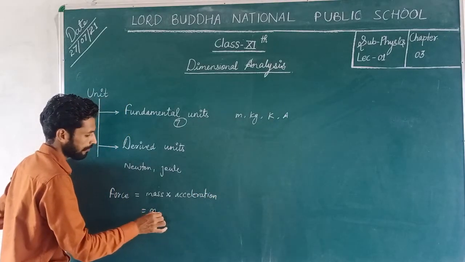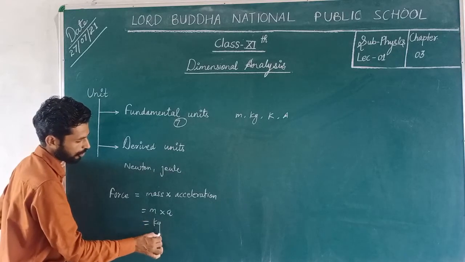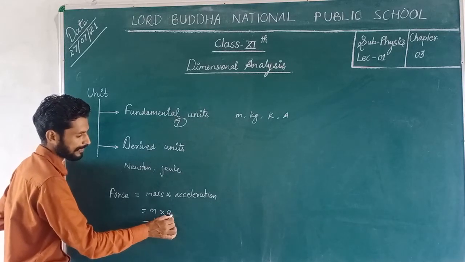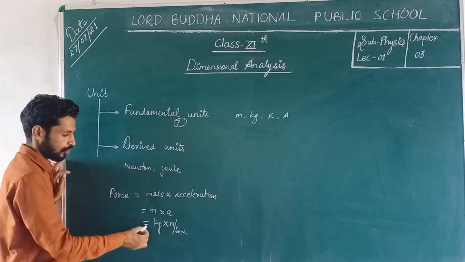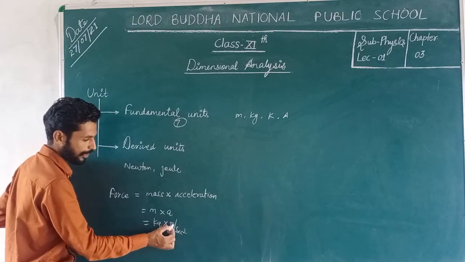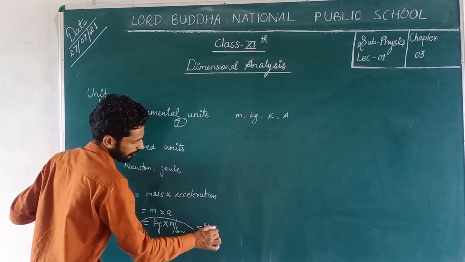That is m into a, and the unit of mass is kilogram into the unit of acceleration, that is meter per second square. So kilogram into meter per second square, that is known as Newton.